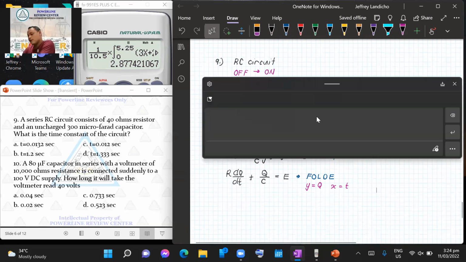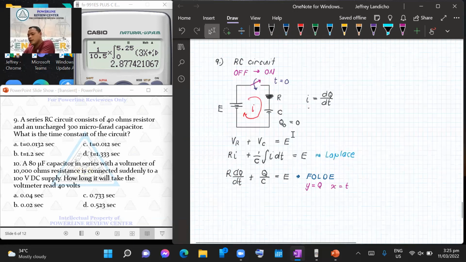So ano initial value here? Ito nga binanggit natin, at time equal to 0, ang assumption, yung ating capacitor is fully discharged. Wala siyang initial charge. So that is, at time equal to 0, the initial charge of capacitor is simply 0. Okay? So therefore, it will be charged now by this voltage.